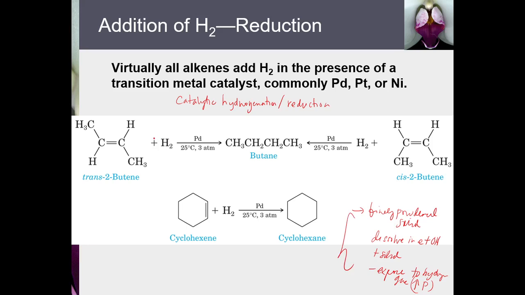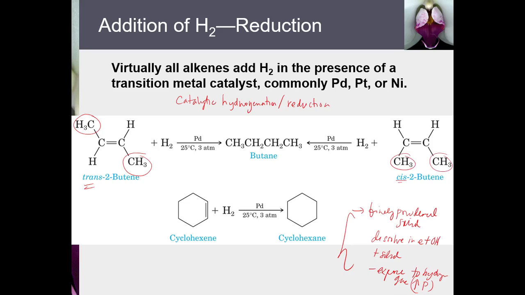So, let's give an example here. You have trans-2-butene and cis-2-butene. What is the difference? The positioning of the CH3s: the bulky groups are opposite for the trans, and for the cis you have the CH3s at the same side of the double bond.